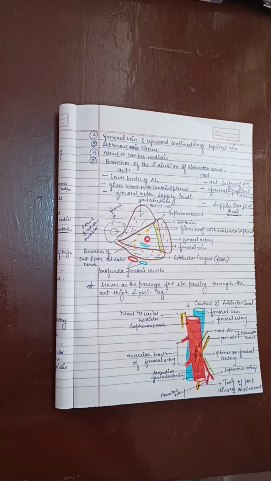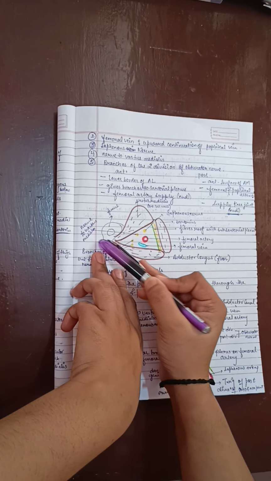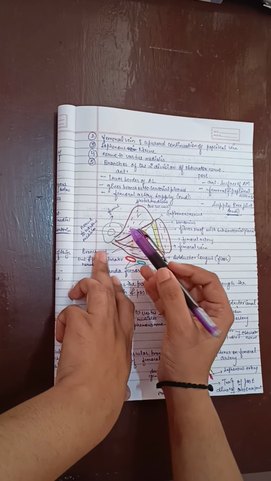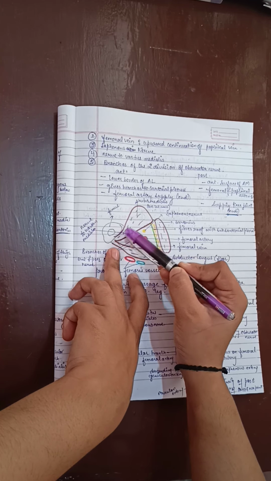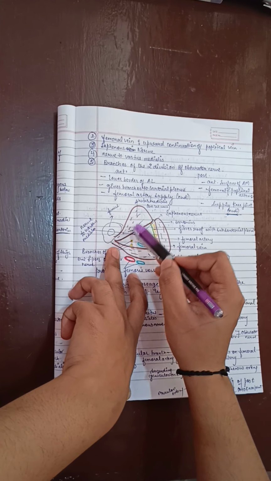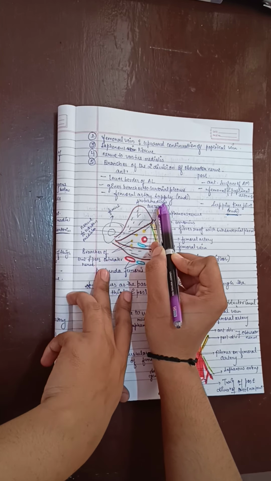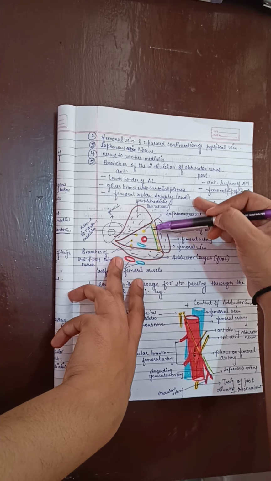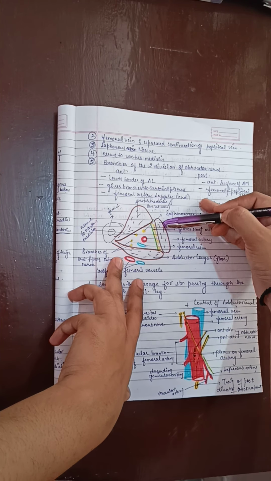Now let us see this with its diagram. This is the femur, and this is the anterolateral wall, made up of vastus medialis. This is the sartorius muscle.